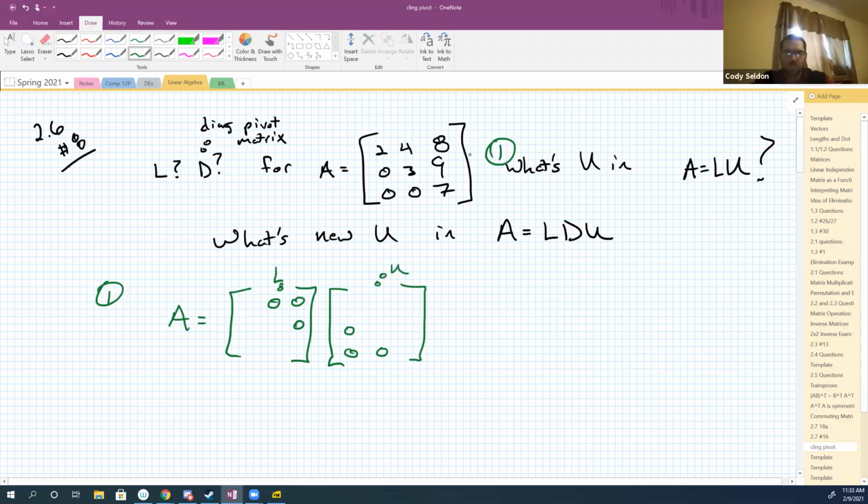And I'm supposed to see this guy? Well, I mean, that thing's already upper triangular, right? So the upper triangular matrix could just be this one, right? So I can just put my 2, 4, 8, 3, 9, and 7 in there. And then what does that make the lower triangular matrix in order to make this true?